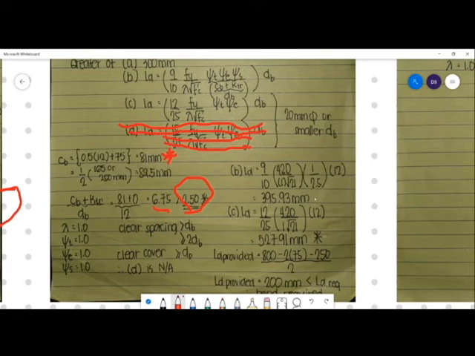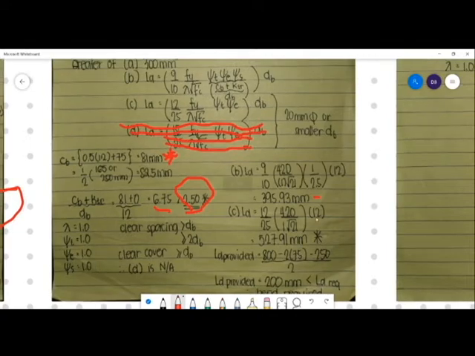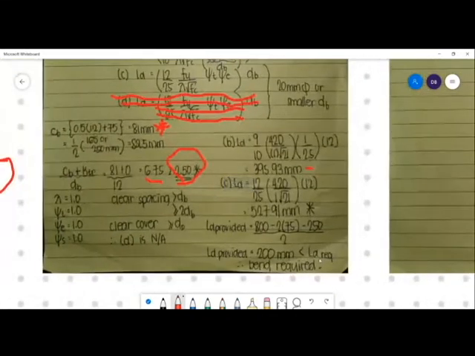That is equal to 395.93 millimeters. Formula C naman, Ld is equal to 12 over 25, 420 over 1 square root of 21 multiplied by 12. That is equal to 427.91 naman.